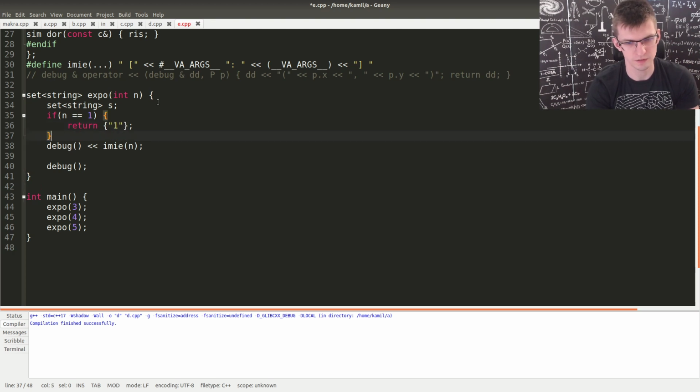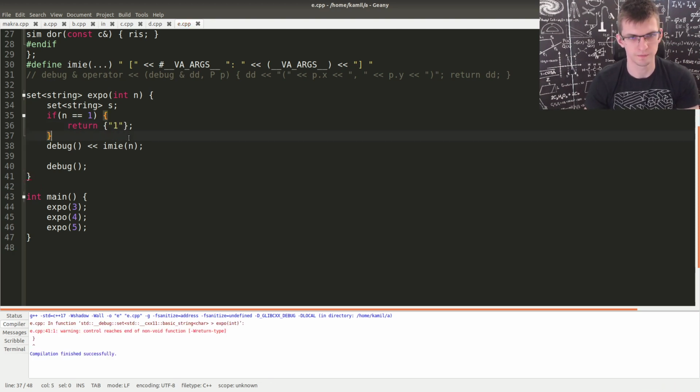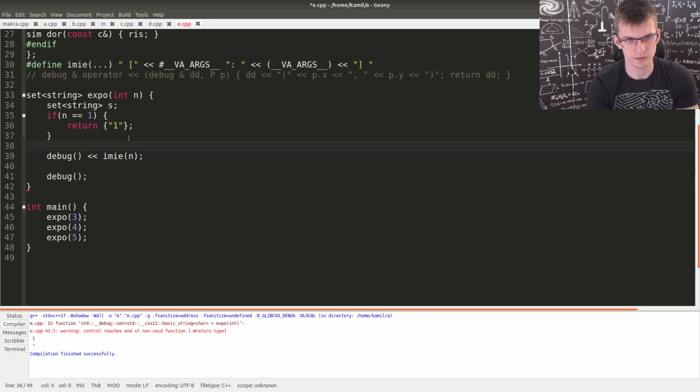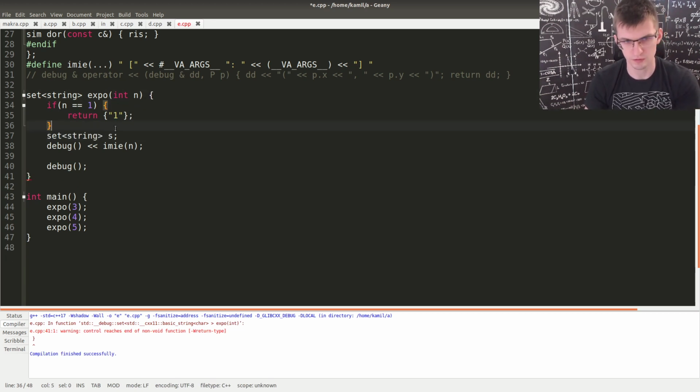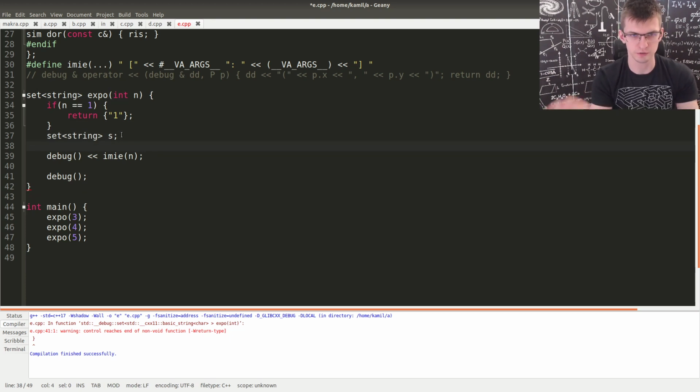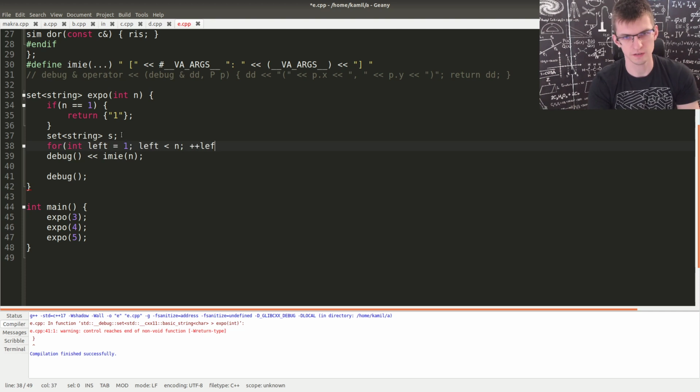Can I do this? I can. Otherwise, iterate over split point and say that we have two intervals, two subtrees. Iterate over left size.